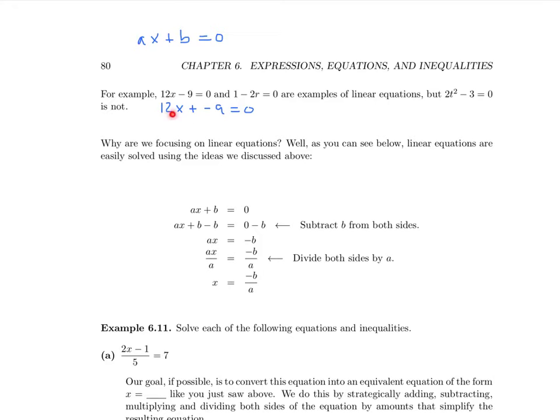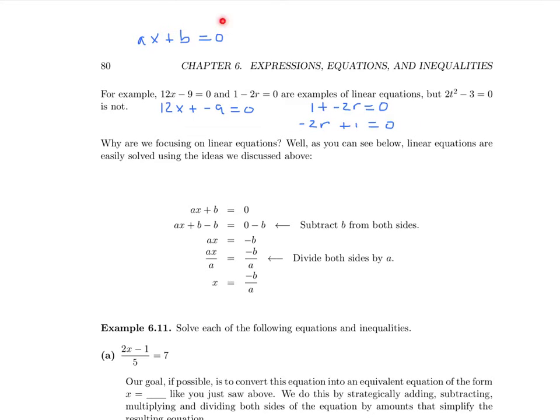So you can see that the 12 is playing the role of the a, here's the x, and the negative 9 is playing the role of the b. Also, 1 minus 2r equals 0 is linear. To see this, I would rewrite 1 minus 2r as 1 plus negative 2r equals 0, which can also be written as negative 2r plus 1 equals 0.